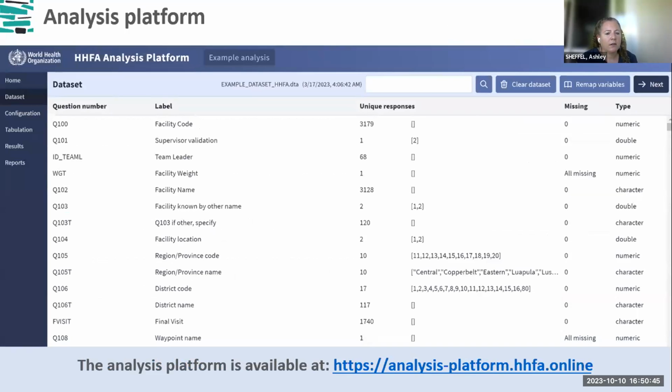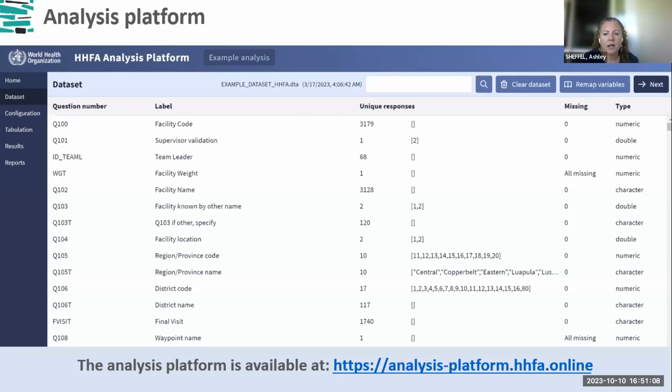Okay, so now to talk just a little bit about the analysis platform. Our HHFA analysis platform is an online web application that can be used to conduct all of the analyses required to produce a standard HHFA report. So the platform automatically calculates the standard HHFA indicators and produces a set of analysis outputs in the forms of tables, charts, and maps.